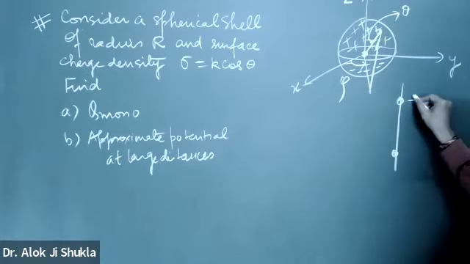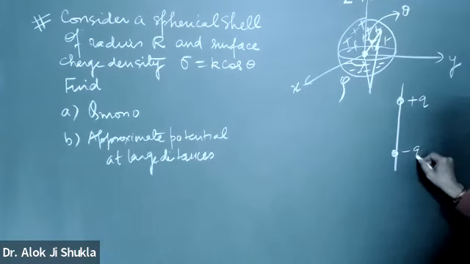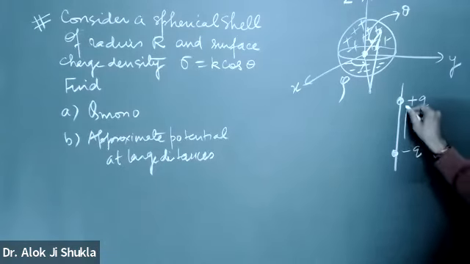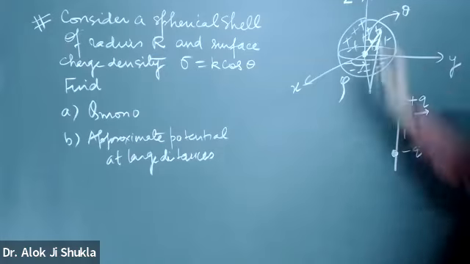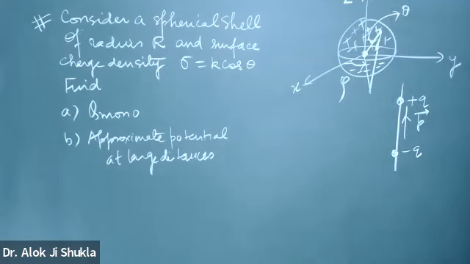So that means some plus q and minus q charges are like this. That means there is a dipole moment p in this direction. That means in z cap direction. Can you see that?